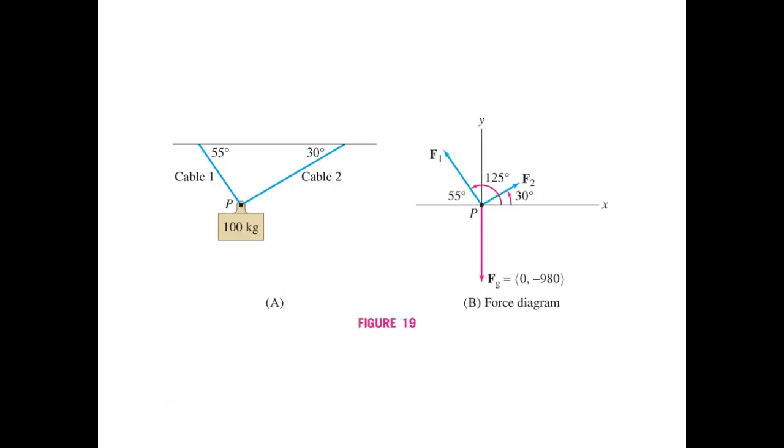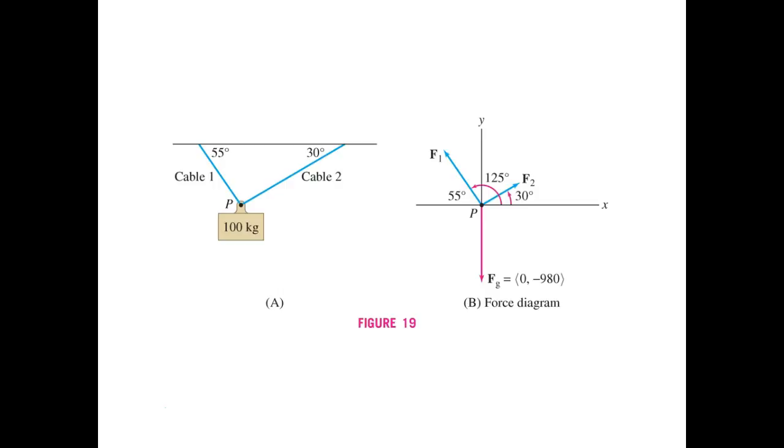Okay? Now, in physics we say we would draw a free body diagram, okay? And that's kind of what we're doing here, okay? But the force on cable 1 is exerting on this mass, is a force in that direction.